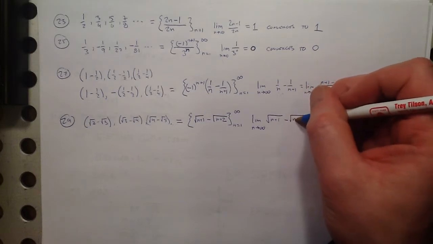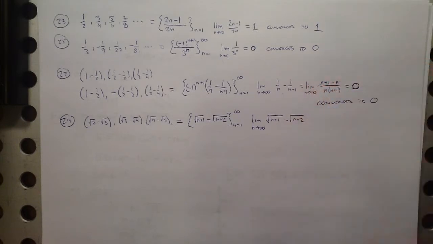So that's that. Now what's the limit as n approaches infinity of the square root of n plus 1 minus the square root of n plus 2? If you plug in infinity, that gives you infinity minus infinity. And we've been reminded recently that that is an indeterminate form. And indeterminate form means you got to do something.